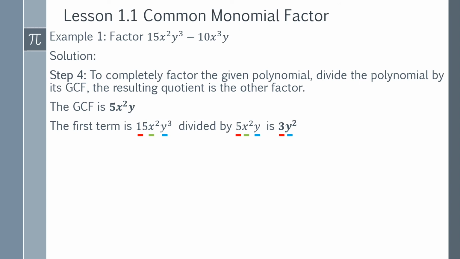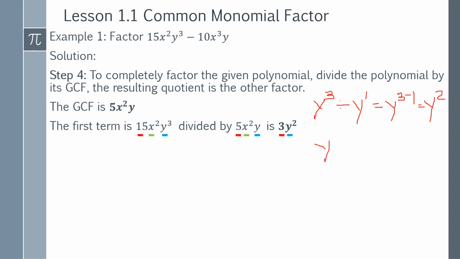Paano po ba mag-divide ng variable or ng literal coefficient? So, ang gagawin mo lang, para ka lang nagmaminus. Y cubed divided by y. Pagsasamahin mo exponent, y raised to 3 minus 1 equals y squared. Okay?